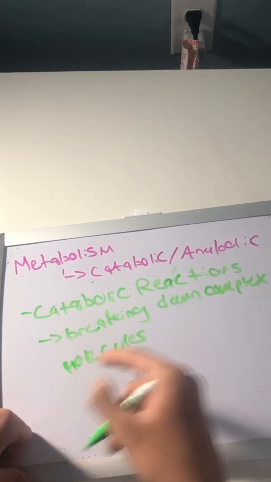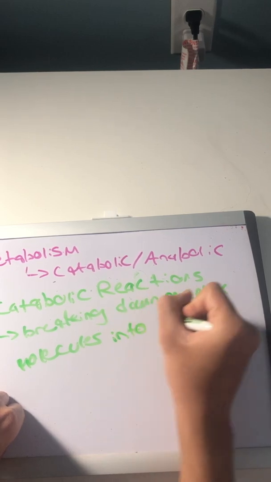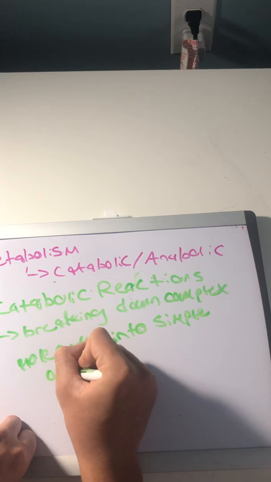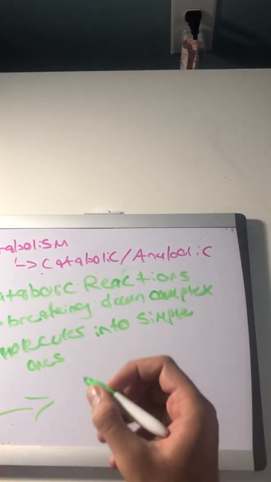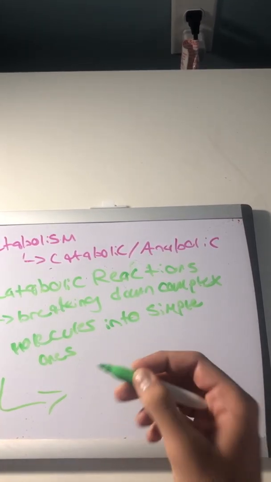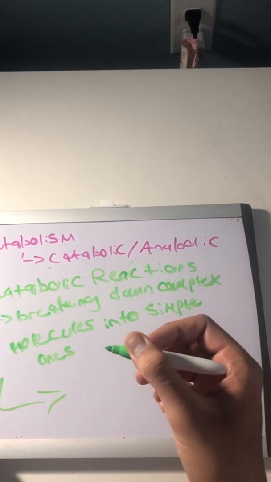Sorry, that's an M right there. Molecules into simple ones, or monomers. This can be done through the main process of breaking complex macromolecules down, which is called hydrolysis.